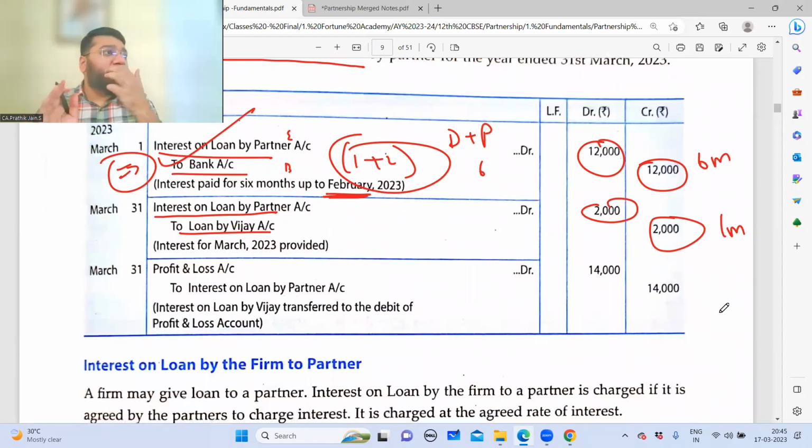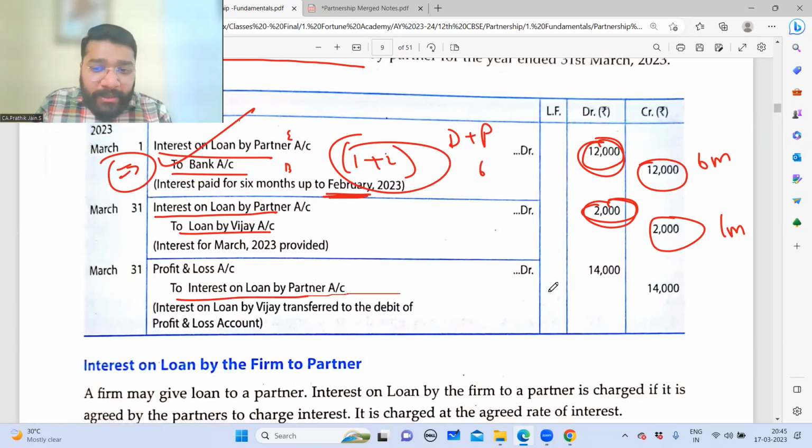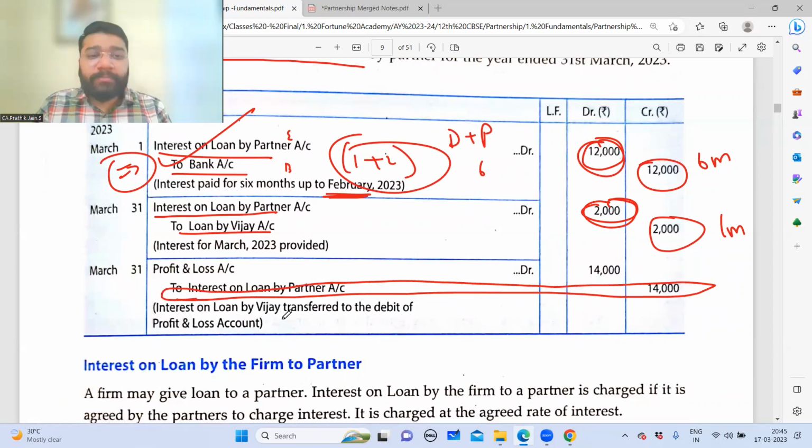Now this is over. Now combine both the expense entries and transfer to P&L. So what is my transfer entry? 12,000 debit, 2,000 debit, put together 14,000 debit. To cancel the debit, I have to put that 14,000 in credit and transfer to P&L account.